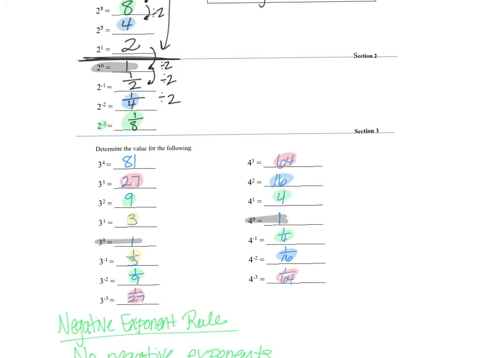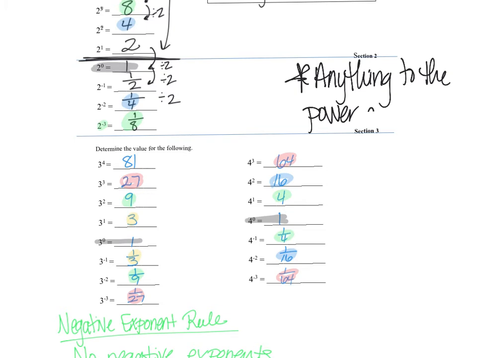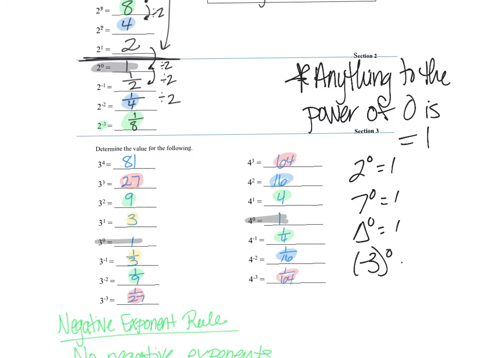So that's another rule: anything to the power of 0 is equal to 1. So like 2 to the 0 is 1, 7 to the 0 is 1, triangle to the 0 is 1, negative 3 to the 0 is 1, Miss Fike to the 0 is 1. Anything to the power of 0 is 1.